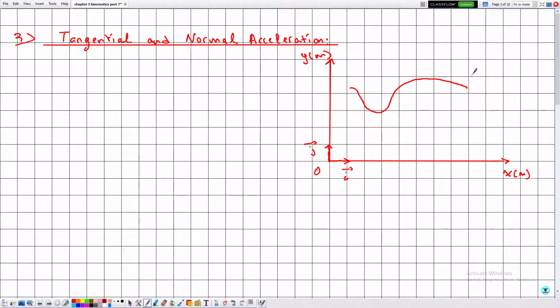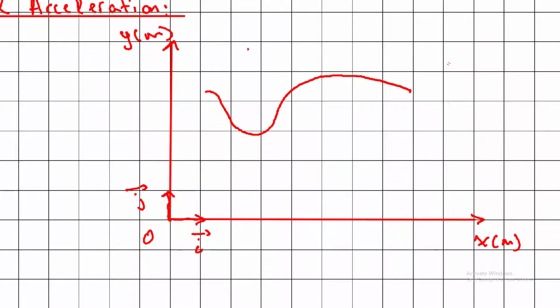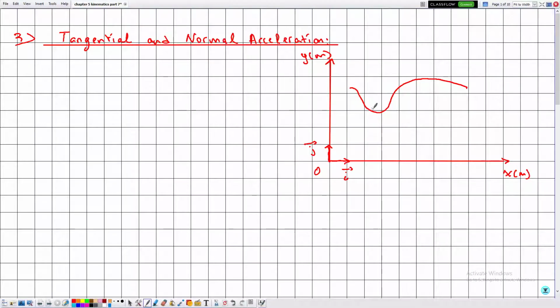Here, let me be precise, this curve represents the variation of y as a function of x. So in other words, it's a relation between y and x, and the relation between y and x represents the trajectory. So this curve here represents the actual path of a particle m moving in the plane. So for example, a particle m moving on a table, okay?